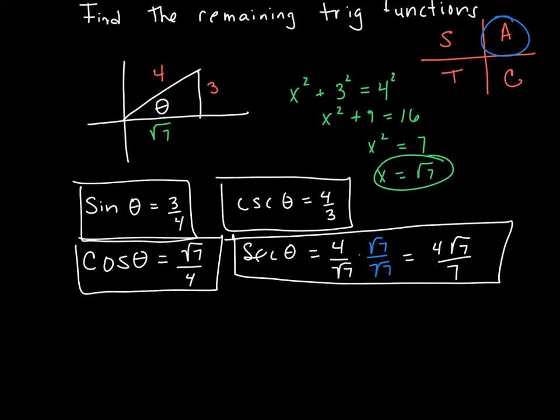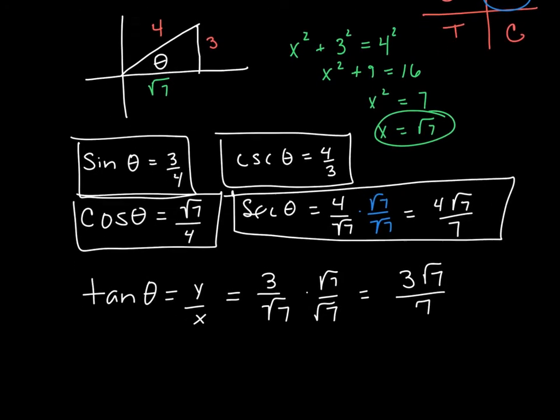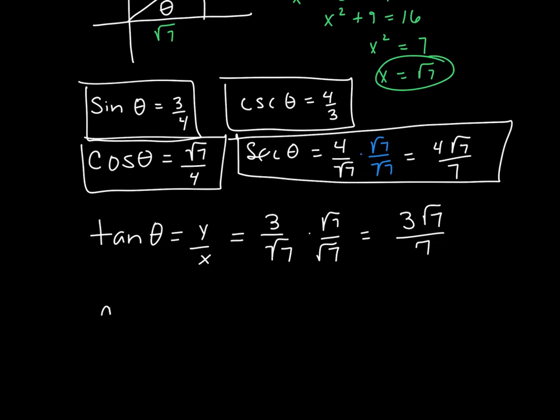The last one we need to find is the tangent of theta, which is just y over x, which is 3 over the square root of 7. Also rationalize and get 3 square root of 7 over 7. The reciprocal of the tangent is the cotangent.